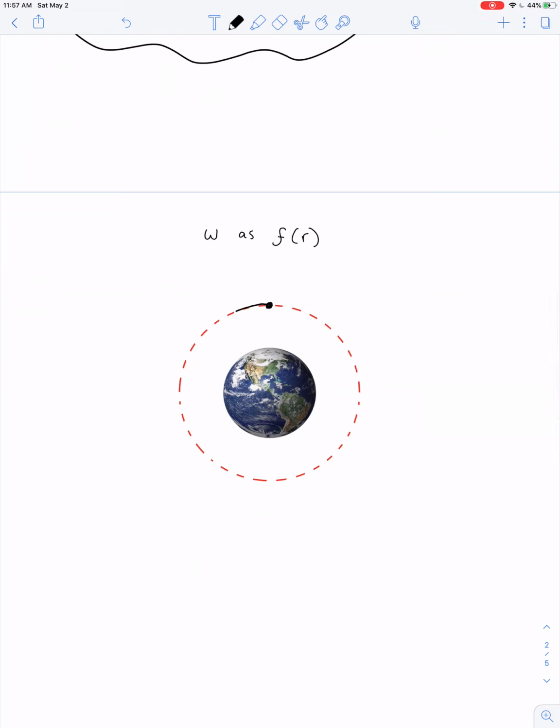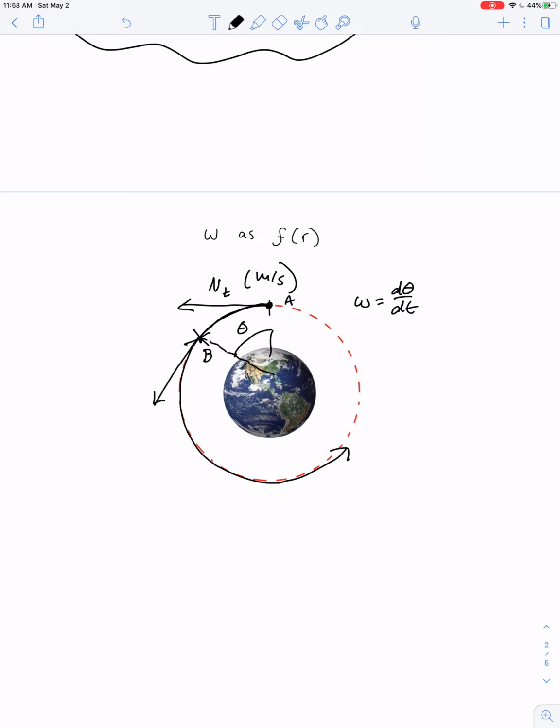If the satellite orbits around in this circular path, not only does it have a tangential speed in meters per second, but we could express how far it travels in a given time interval. So let's say it goes from point A to point B. The magnitude of the velocity doesn't change. The direction does. The object has traveled through an angle of theta. Omega is d theta dt.